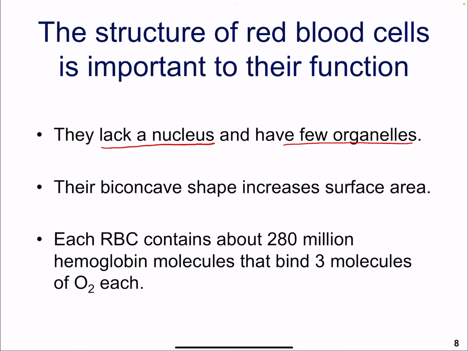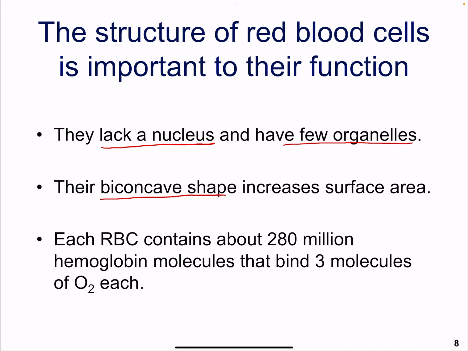Now, the other thing that is important to know is that the red blood cells have a particular shape. They are biconcave, so they are kind of flat, right? And because they are kind of flat, they can navigate very easily in blood capillaries, which are the smallest blood vessels you can imagine, right?